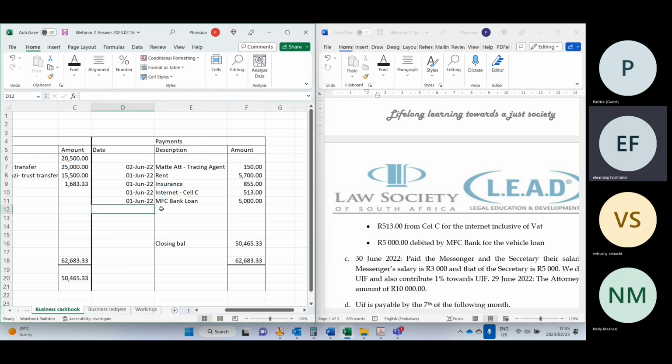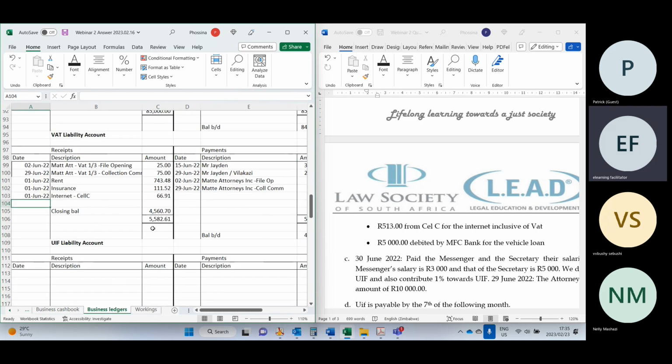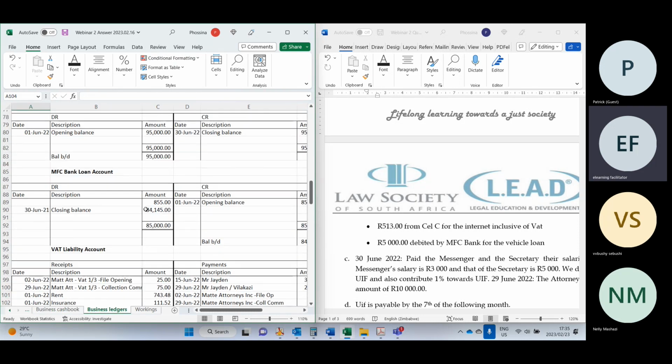And then we go to our business ledgers. Remember, we had an opening balance for MFC, which is here. So we come on 1 June, we pay them. How much are we paying? 5,000.